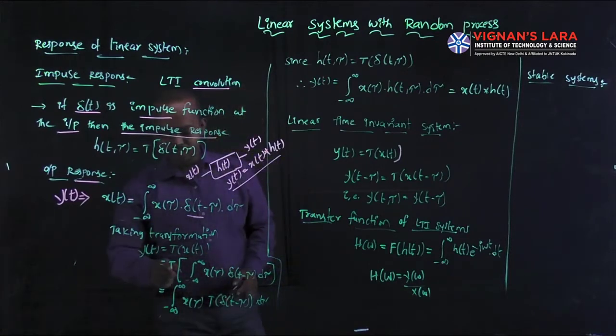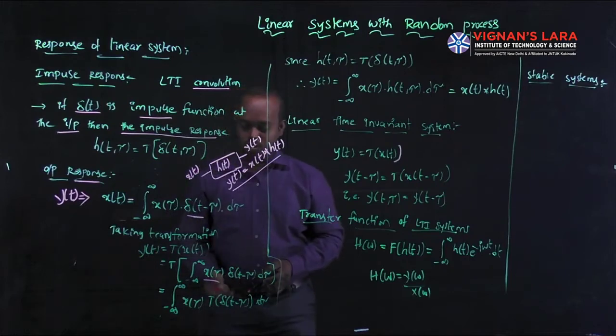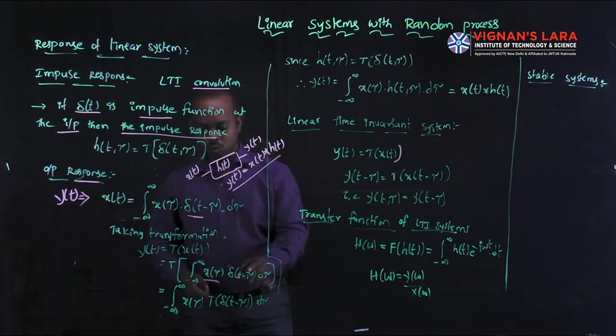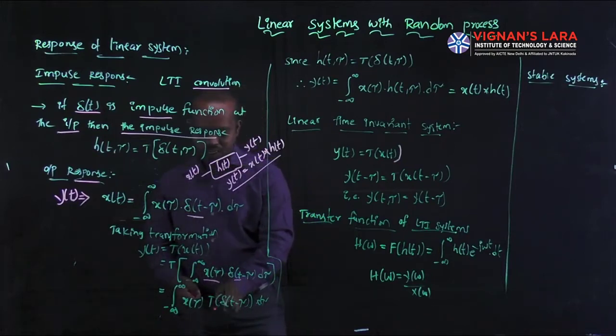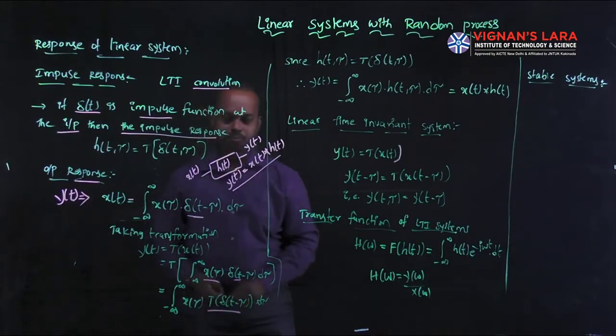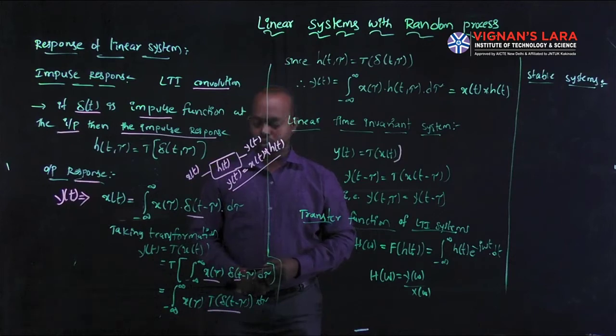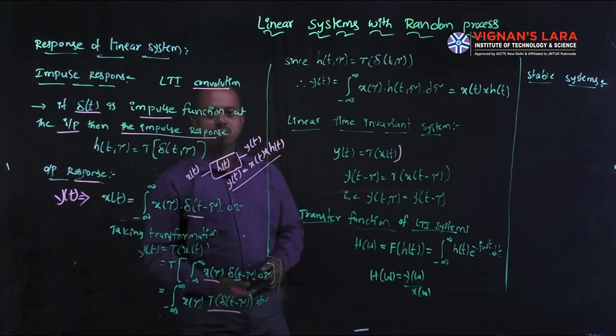Now I am applying the transformation on this function. Here I am considering the x function, and I substitute it as it is. I move this transformation inside. x(tau) does not have the time parameter t. That's why I apply the transformation only on the time parameter. When I take the transformation on the impulse function, it gives the system response.